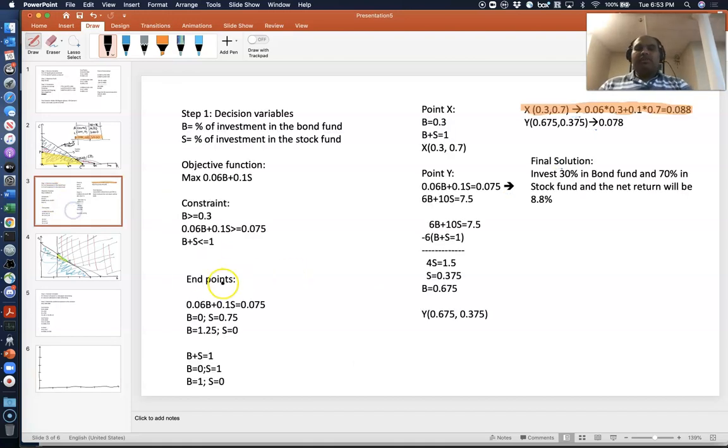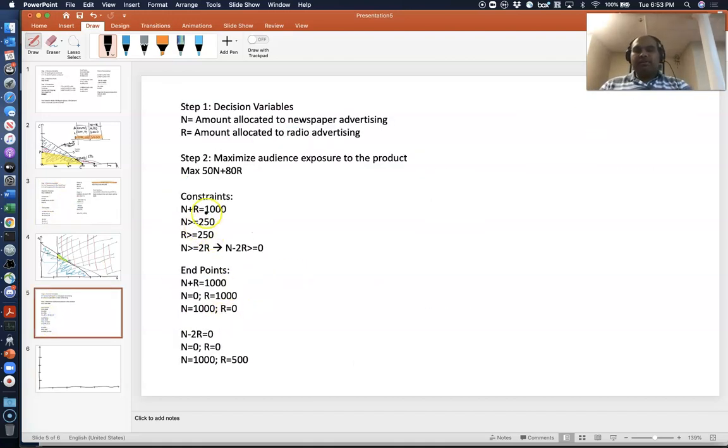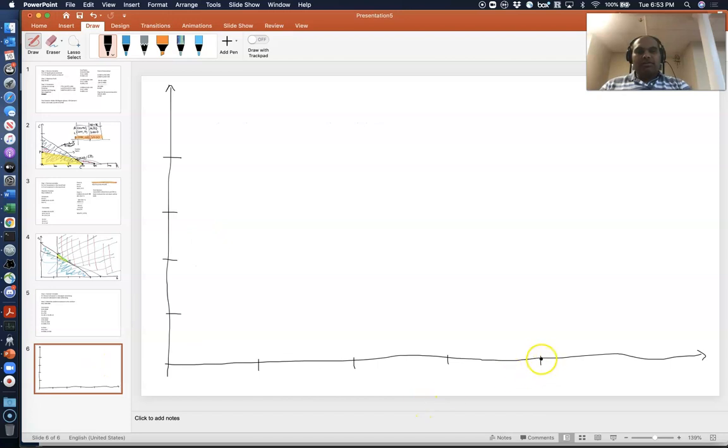So let's plot them. The first line is n plus r is equal to 1000. So that is this line. So it's 1000 comma 0 here, 0 comma 1000 here. So you can just join these 2 points right here.